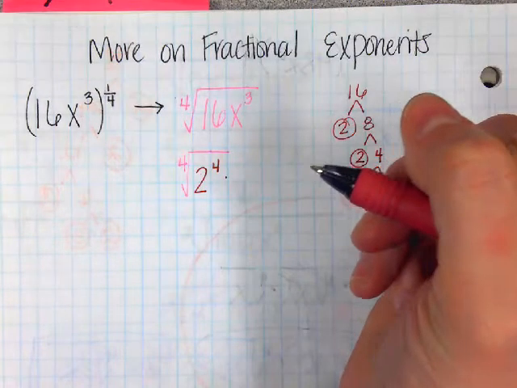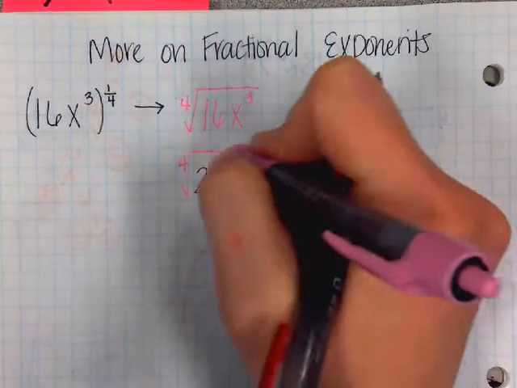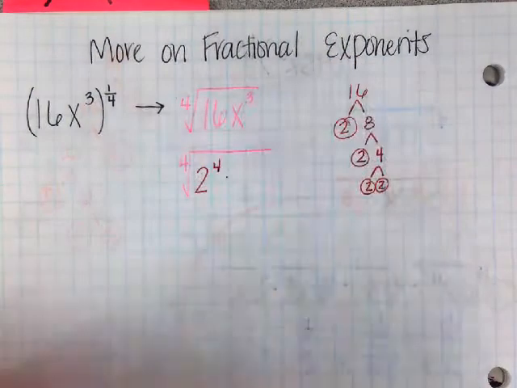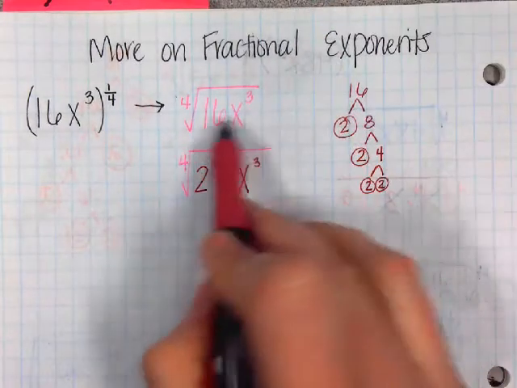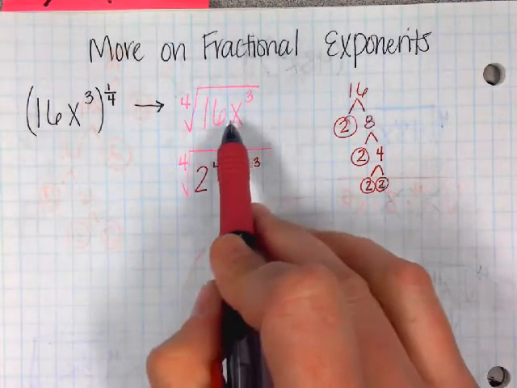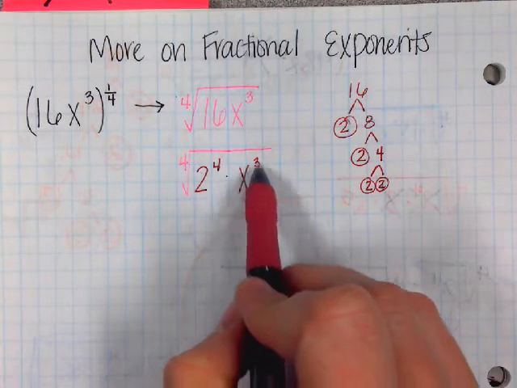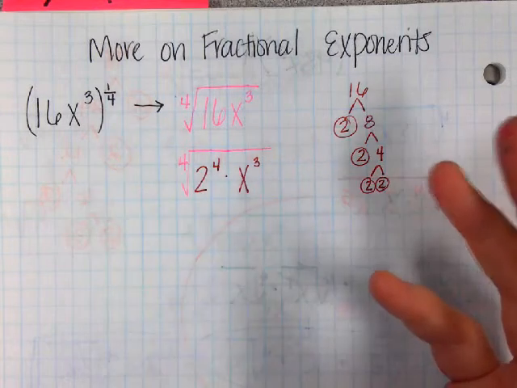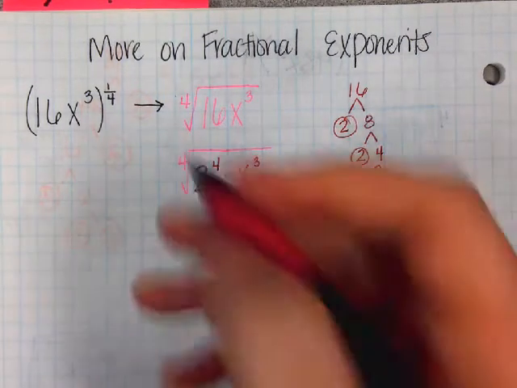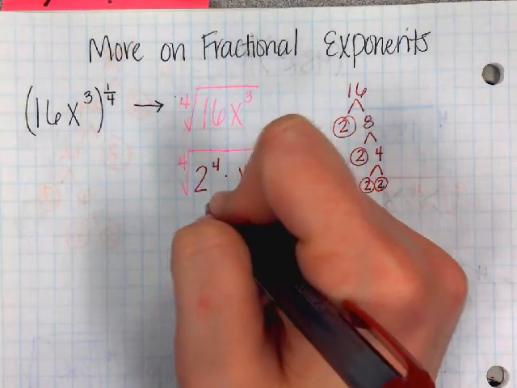And then we have x cubed. 4 doesn't go into 3, or if you look at it, I cannot rewrite x cubed as 4 and have any left over or go into it perfectly. So the only thing that cancels is the 4th root and the 4.